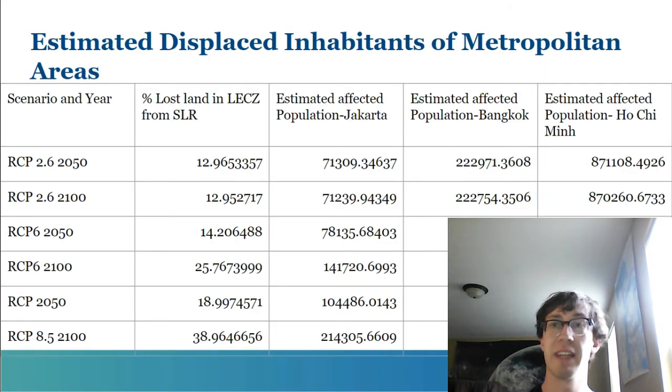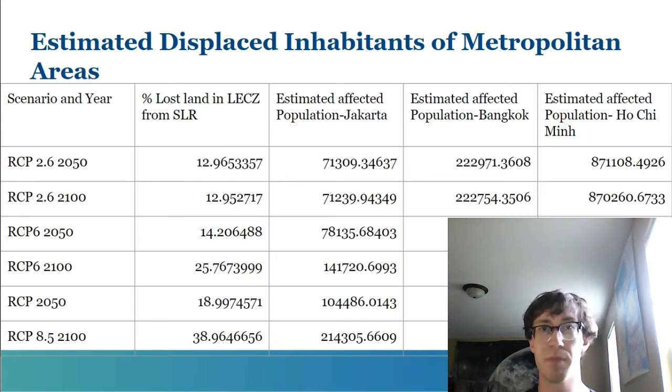And then when I applied those numbers to my low elevation coastal zone maps, I was able to come up with the estimated number of people this would affect for each of the cities. So as you can see, Ho Chi Minh by far the most affected, with up to 2.6 million people being displaced strictly from sea level rise alone.